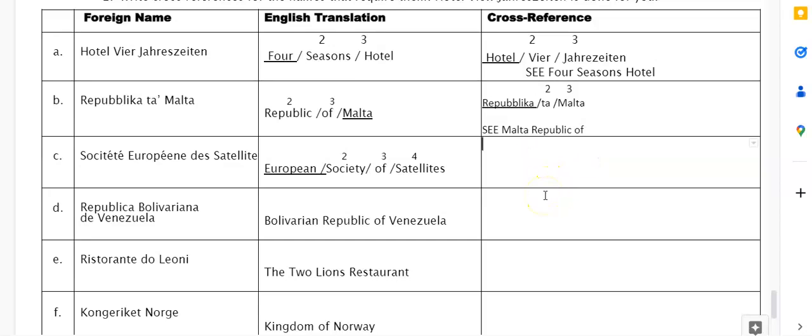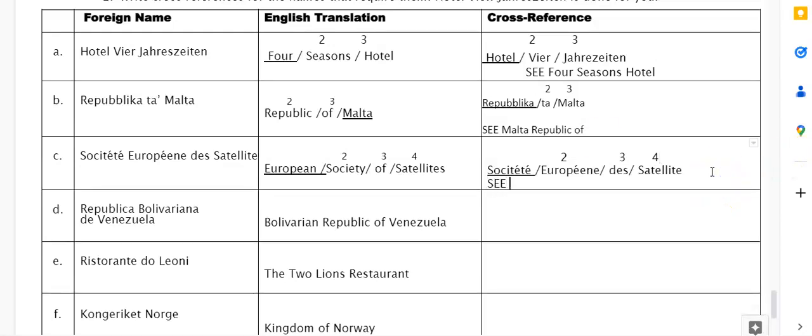So my cross-reference, and I'm going to copy and paste this so I don't waste too much time here, is going to look like this. I'm separating each of those. Okay, if that's my key unit, this is unit 2, this is unit 3, this is unit 4. My C notation would be C, European Society of Satellites.